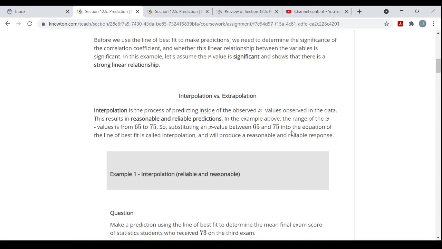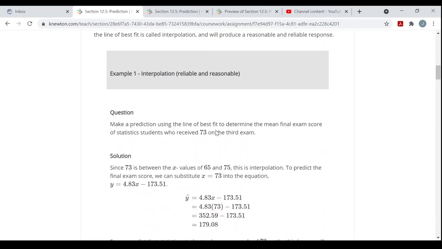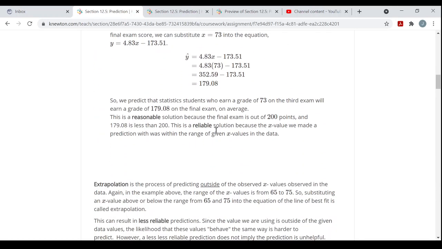Substituting an x value between 65 and 75 into the equation of the line of best fit is called interpolation, and will produce a reasonable and reliable response. They give me an example here; I'll let you read the examples on your own.